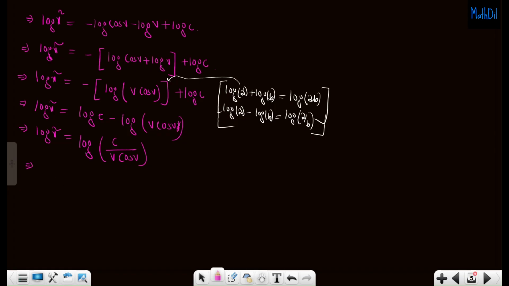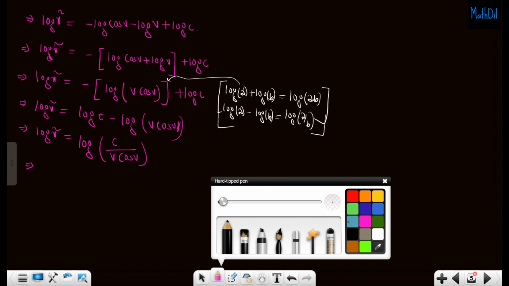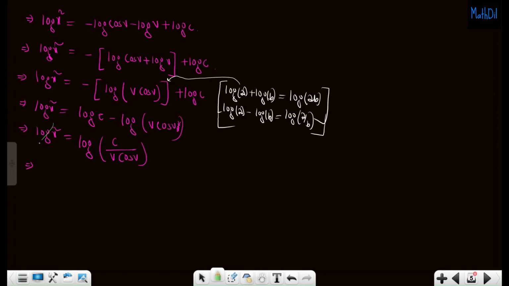Now see, this side log, so it will be cancelled. Let me change the colors so that it will look beautiful. So x square is equal to c by v cos v, and it will imply, take this to this side, x square v cos v equal to c. And students, what is v?